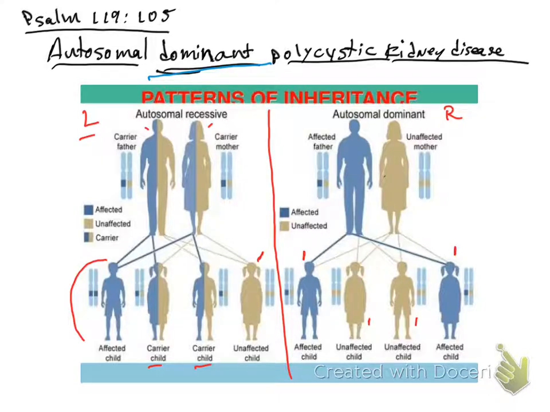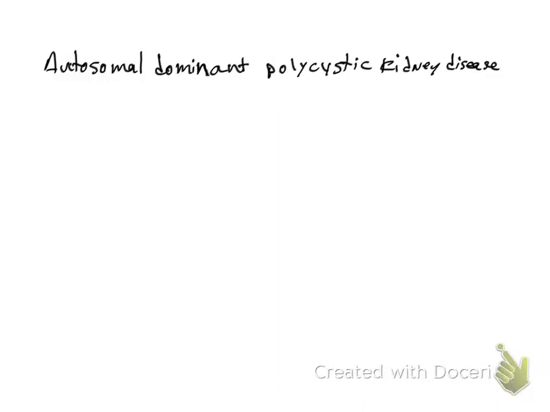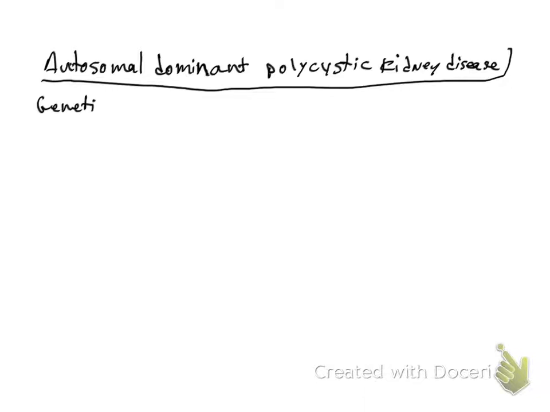Now we're going to explain the things about autosomal dominant polycystic kidney disease. As we mentioned, genetics: we already mentioned autosomal dominant, and I'm going to abbreviate it. But where is the mutation?